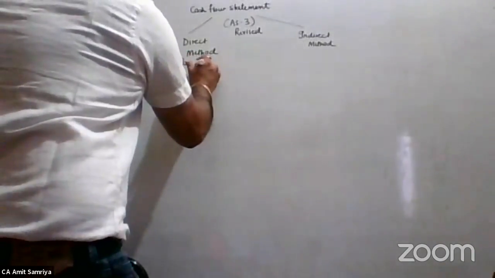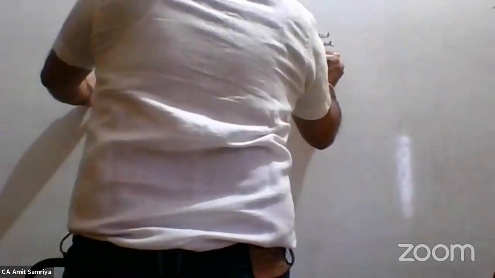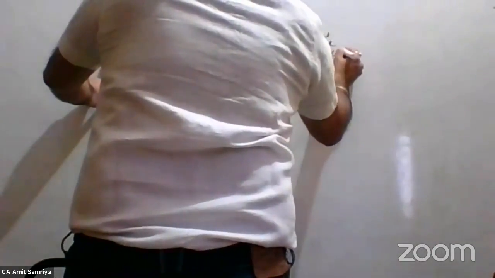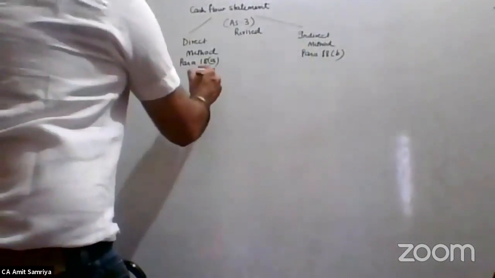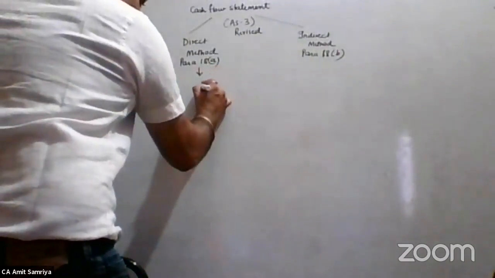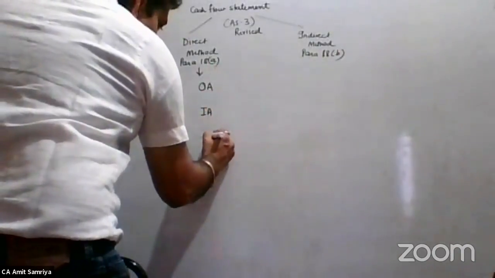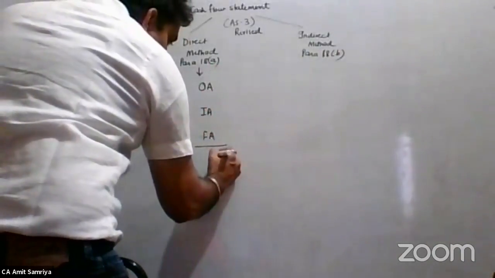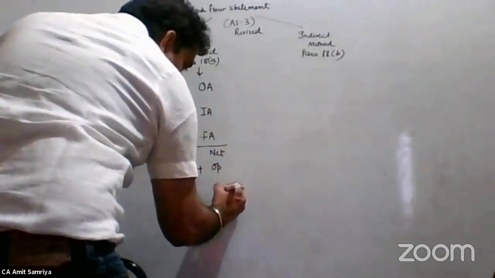Paragraph 18A of AS3 revised. Paragraph 18B of AS3 revised. Now, this consists of operating activities, investing activities, financing activities, then net, then opening balance, then closing balance.